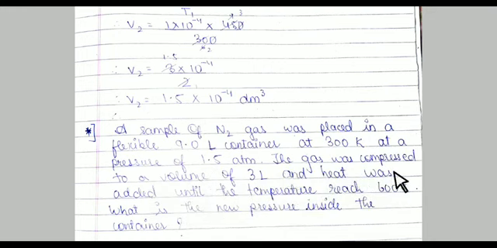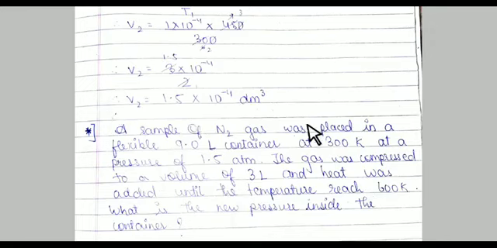The gas was compressed to a volume of 3 liter and heat is added. Starting temperature is 300 Kelvin. Then after compression of the gas, we have to add heat, and the temperature will become 600 Kelvin.